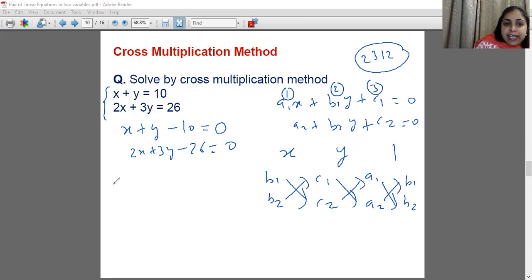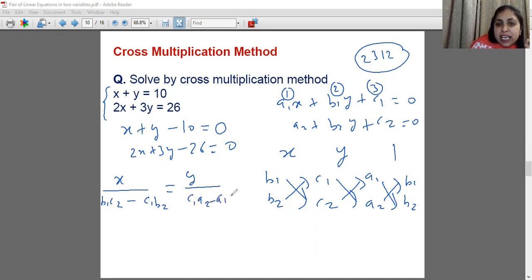So you can write it as x divided by B1 C2 minus C1 B2, you have to put sign of minus here, is equal to y divided by C1 A2 minus A1 C2, is equal to 1 upon A1 B2 minus A2 B1.